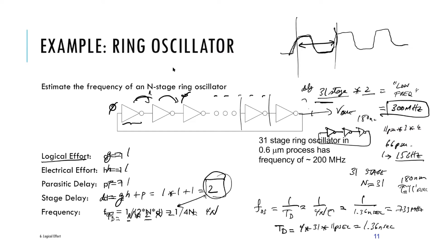So this is a 0.6. So let's do it with this one. So this was, if you guys remember, the second stage. This was 60 picoseconds, I think, for a single stage. So if we do that same thing, F in the 0.6 micron process would be 1 over 4 times 31 times 60 picoseconds, is what I remember.